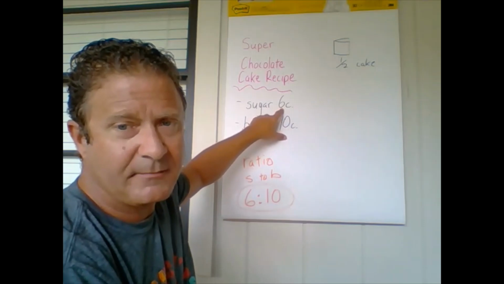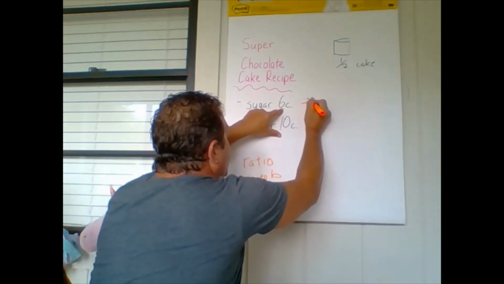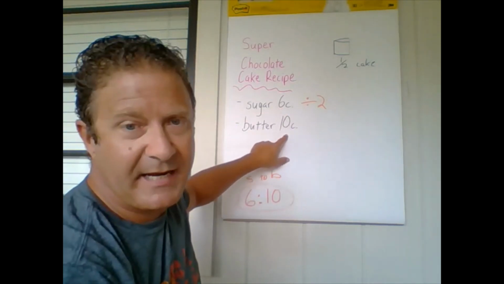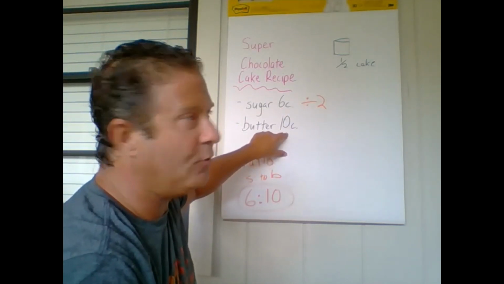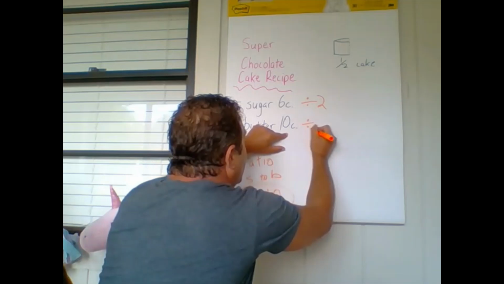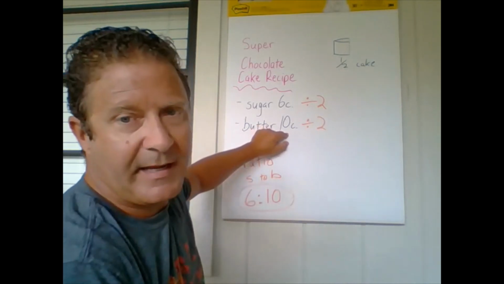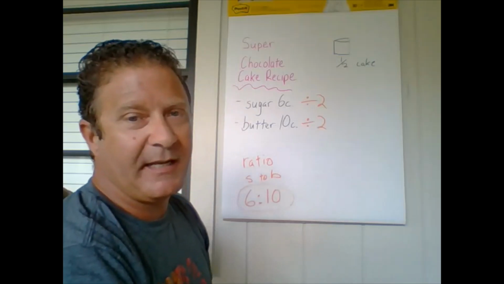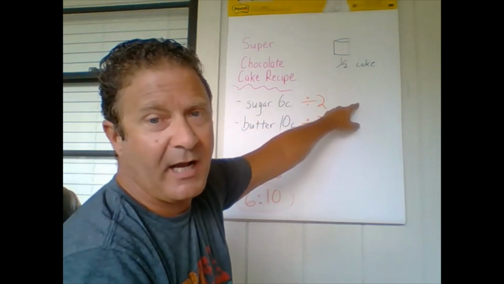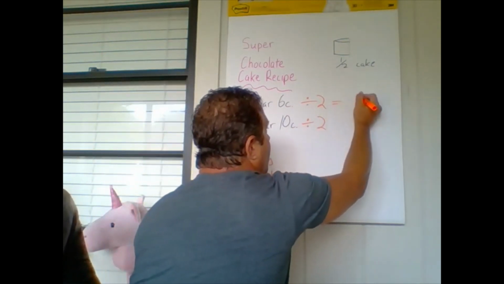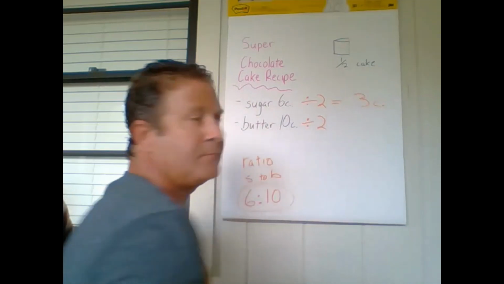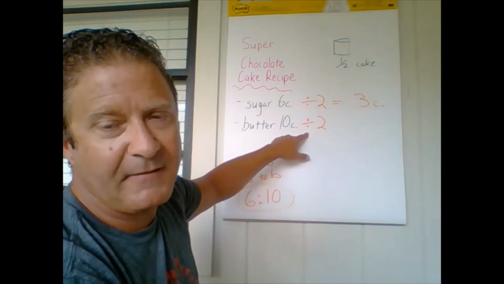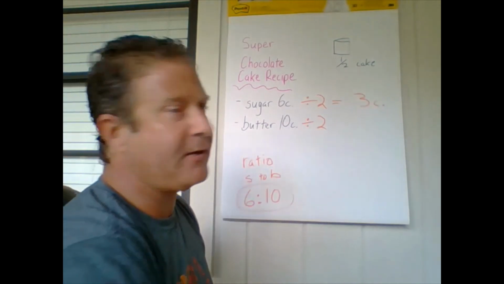So my 6, I'm going to divide by 2. My 10 cups of butter, also going to divide by 2. And now, if I'm only making half a cake, I'm only going to need 3 cups of sugar, and I'm only going to need 5 cups of butter.